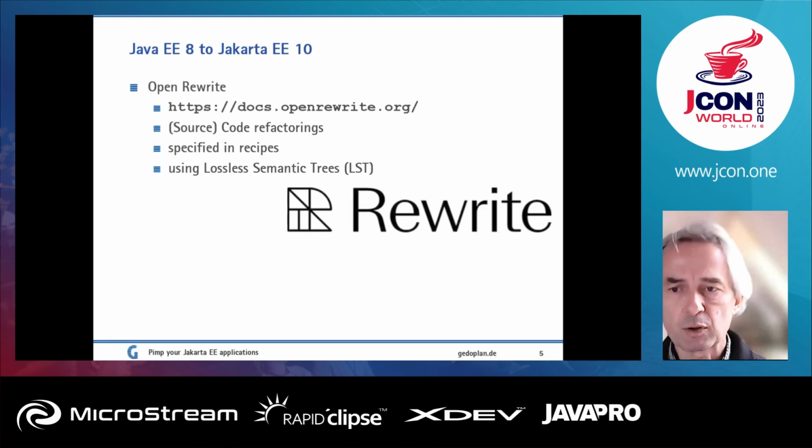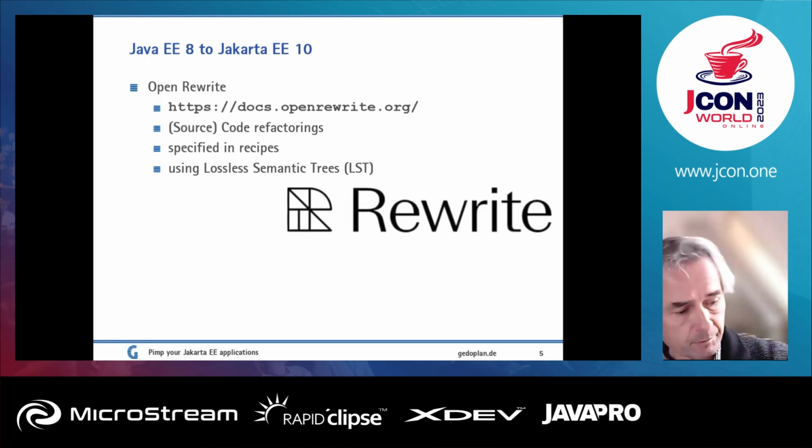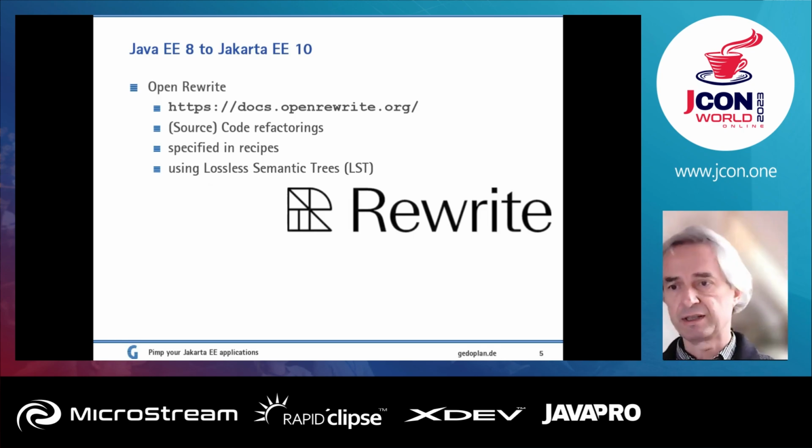There is an open source project, Open Rewrite, that you can use for source code refactorings. Many more things than just the package name renaming, but package name renaming is among them. And all those changes that you can do with Open Rewrite are specified in so-called recipes. It's kind of a script or description of what has to be changed.